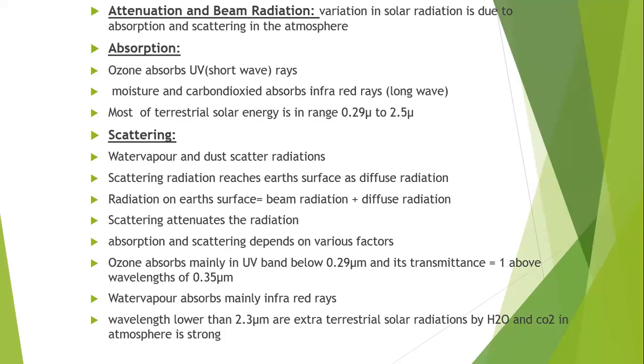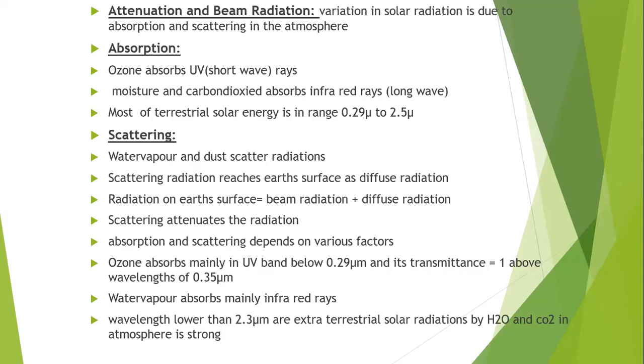Next, what is scattering? When the solar radiation passes through the earth's atmosphere, water vapor and dust scatter a portion of the solar radiation.